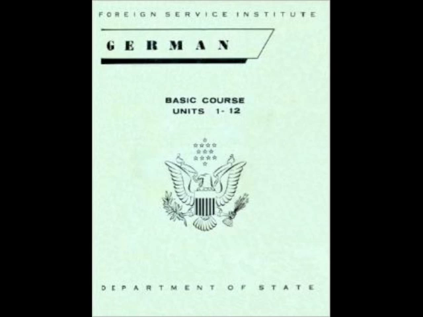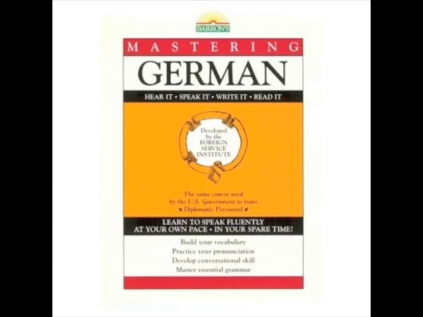So FSI began, it's the Foreign Service Institute language program in the 1960s during the Cold War to teach diplomats and foreign workers to be fluent in over 100 languages, programs that they had. Very involved, very long. But then later Barron's Scholastic came out with the Mastering Series, which was based on that FSI program.